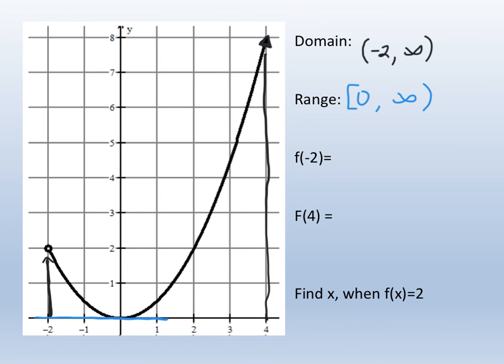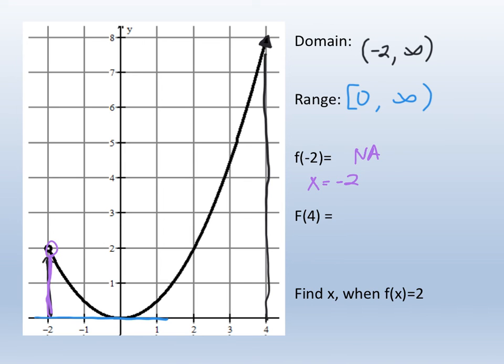Now, let's go ahead and do f of negative 2. So basically, they're telling us that x is equal to negative 2, right? So if my x is negative 2, it's right here. But keep in mind it's an open circle. That means it does not apply to that one.